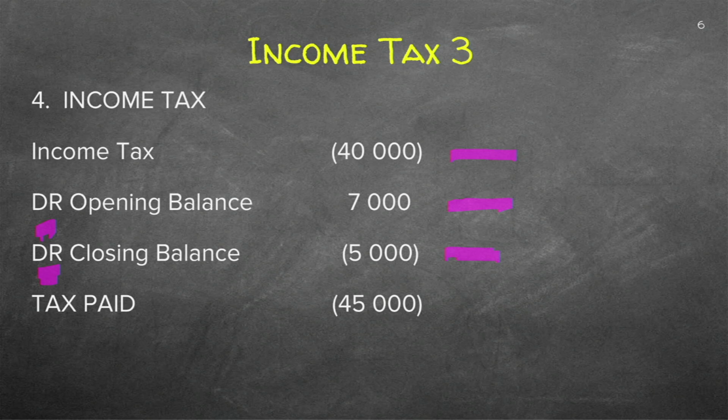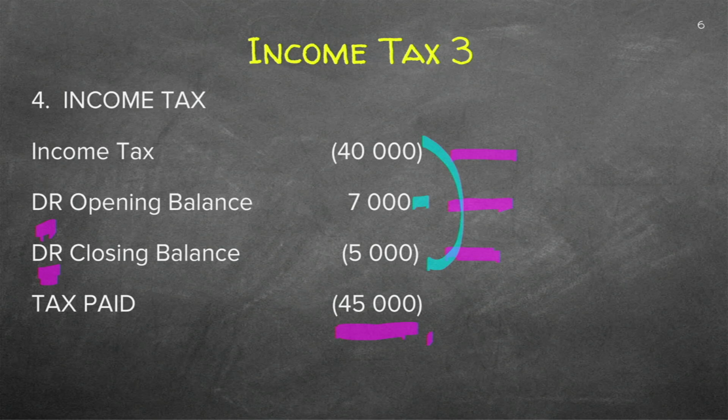And so now you could simply say, right, we paid 40,000 plus 5,000, therefore the total amount of tax paid for the year is 45,000 Rand. Alternatively, you could have said 40,000 plus 5,000 and then minus your 7,000, which would also give you that amount.